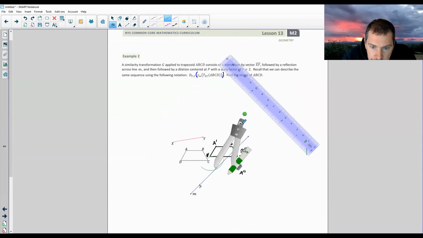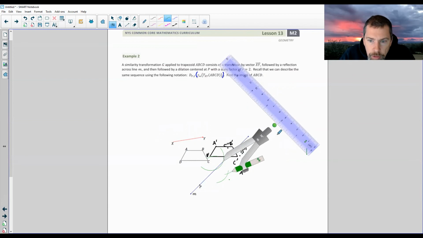The other side will be over here somewhere. Move it to the other intersection point. Draw an arc. Oops. Rotate it around. Draw an arc.